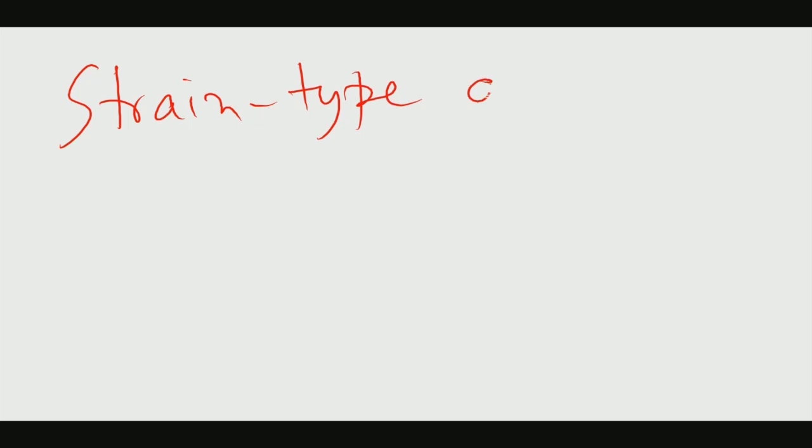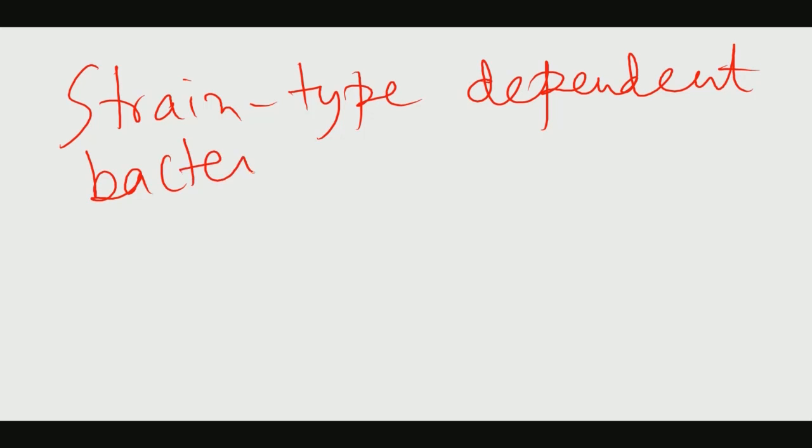Now, once you develop these antibacterial materials, the next thing one should understand is how to assess, both qualitatively and quantitatively, this bactericidal property. For that, strain type dependent bactericidal property needs to be assessed.